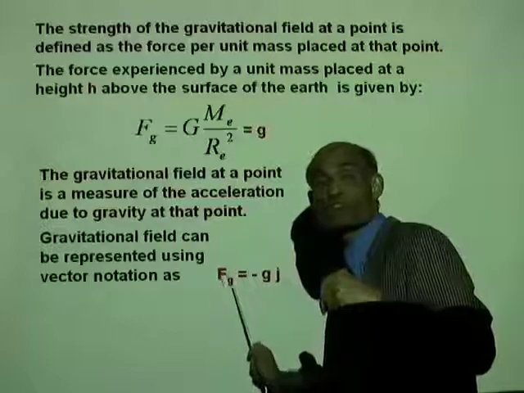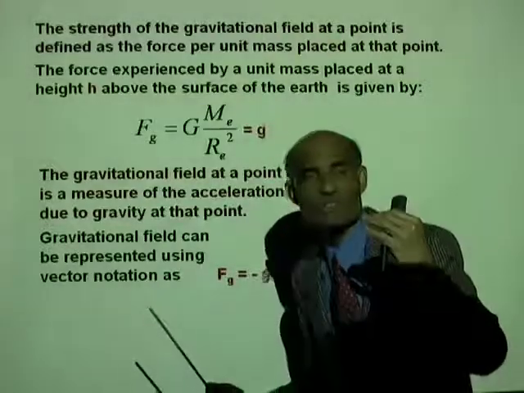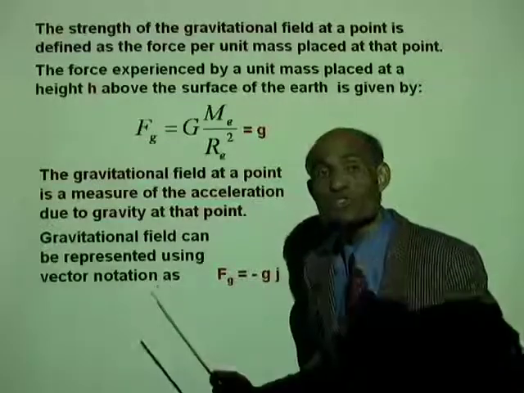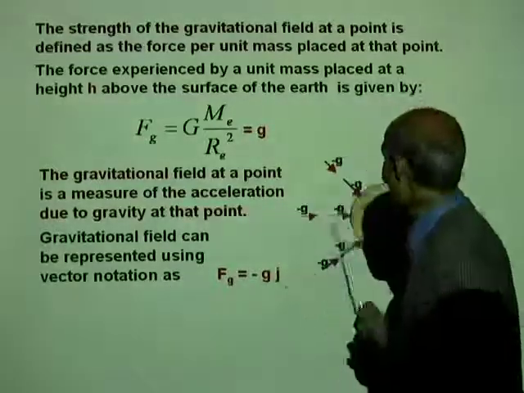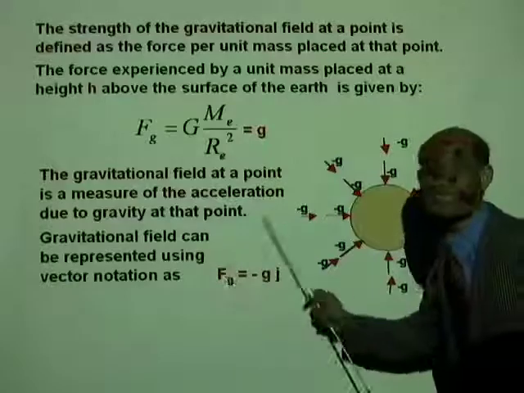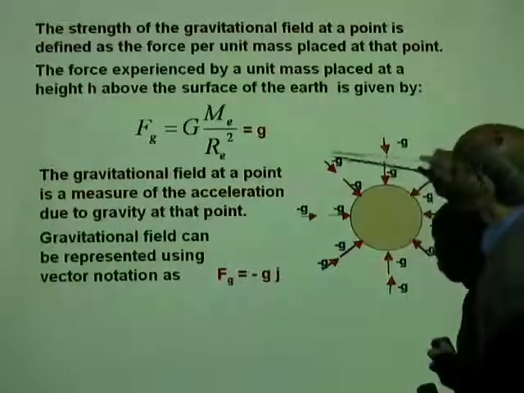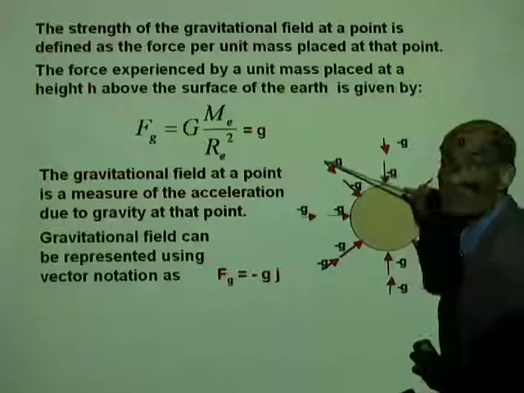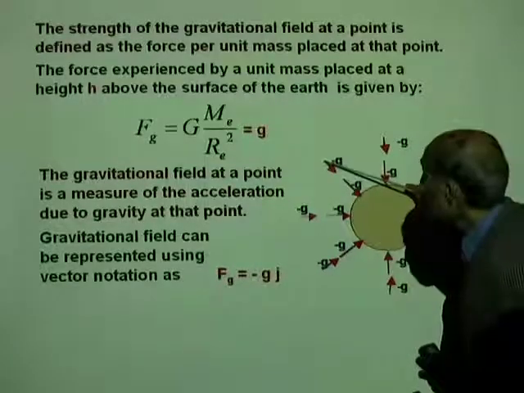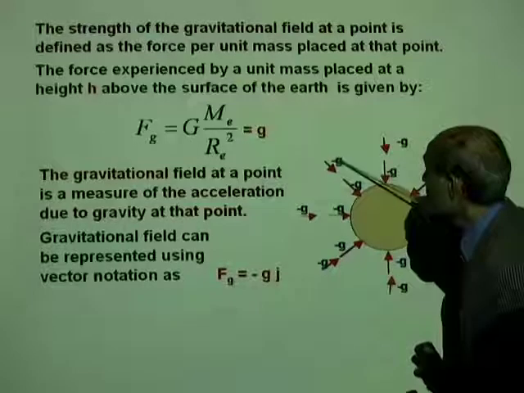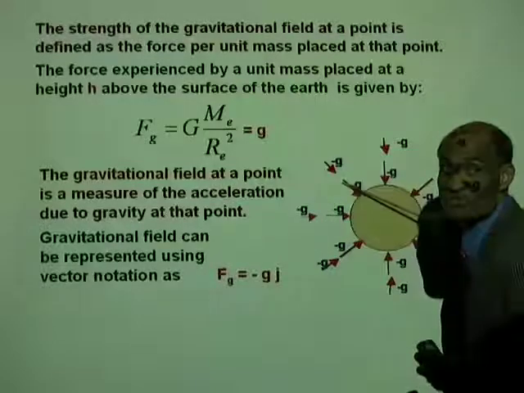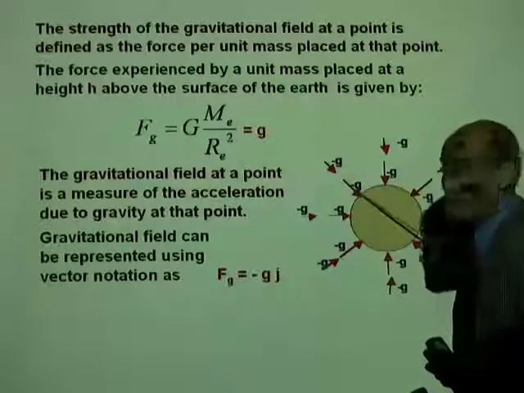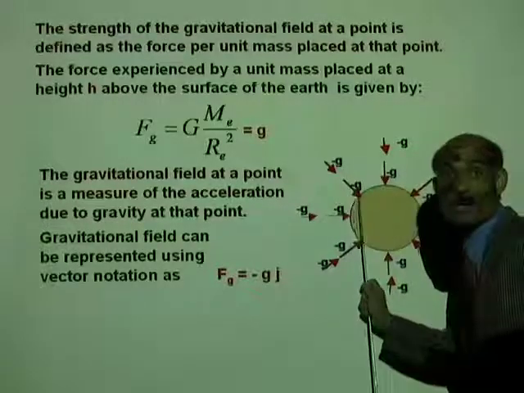Where is the magnitude of this vector the greatest? The magnitude of this vector is the greatest at the surface of the earth. So look at the vectors that I have drawn at various points. If you want to draw the gravitational field vector here, it is this arrow, negative g. Whereas the gravitational field at a point nearer to the surface of the earth is represented by a longer arrow.